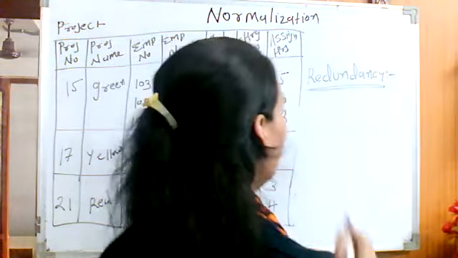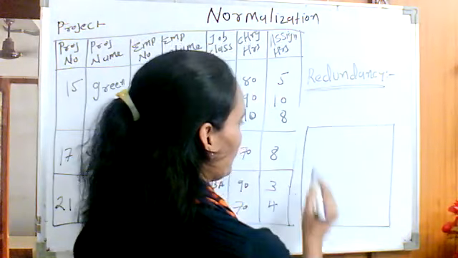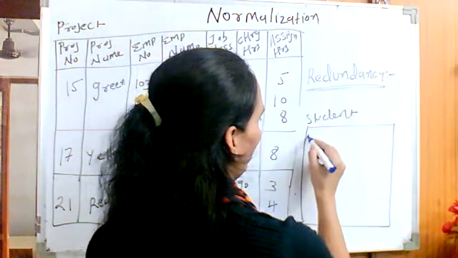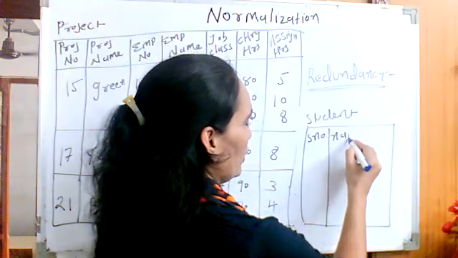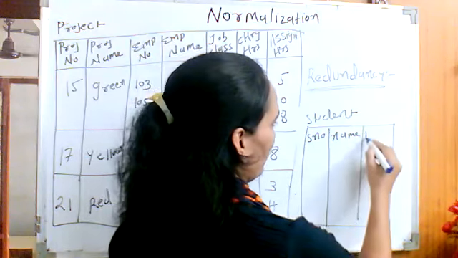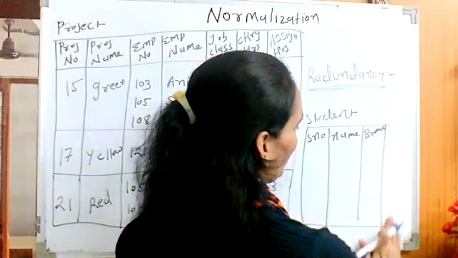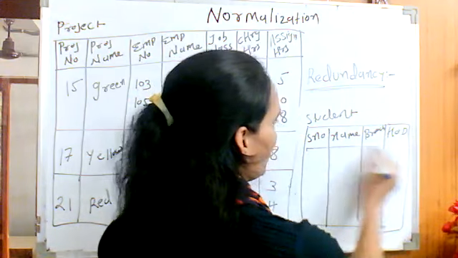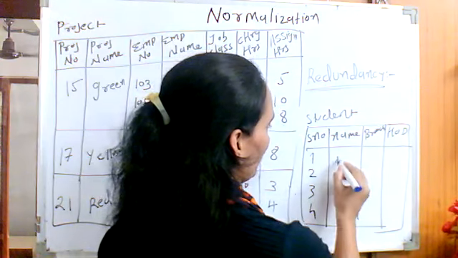For example, we have one student table, and there are records of student number, student name, branch and HOD. For example, we are taking now only 4 records.